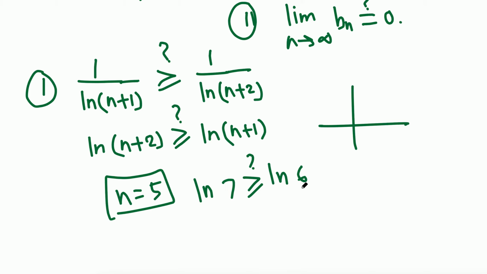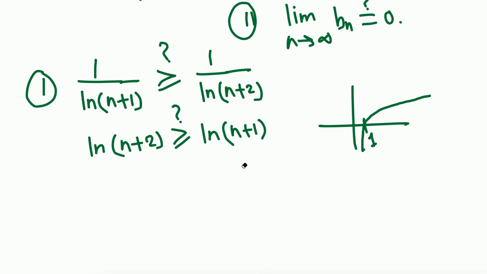You can check in your calculator or look at the graph of natural log. Natural log is a slowly increasing function forever. So after 1, this function is always increasing. So this is true for n bigger than or equal to 1.